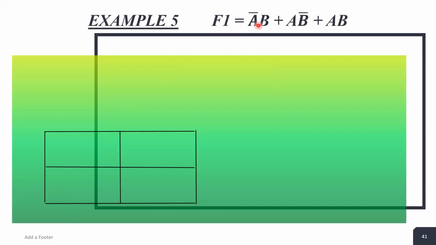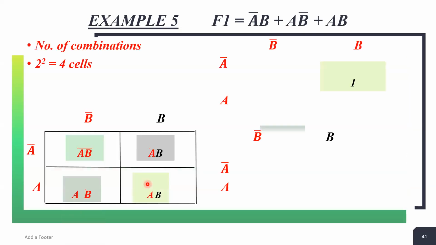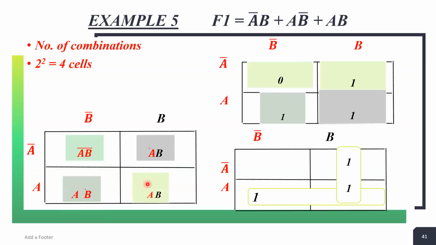F1 is equal to A complement B plus A B complement plus simply A B. First, we will draw the tables and add the values. Look, number of combinations according to the equation. First, we will check. We have 2 variables, A and B, so 4 cells are possible.